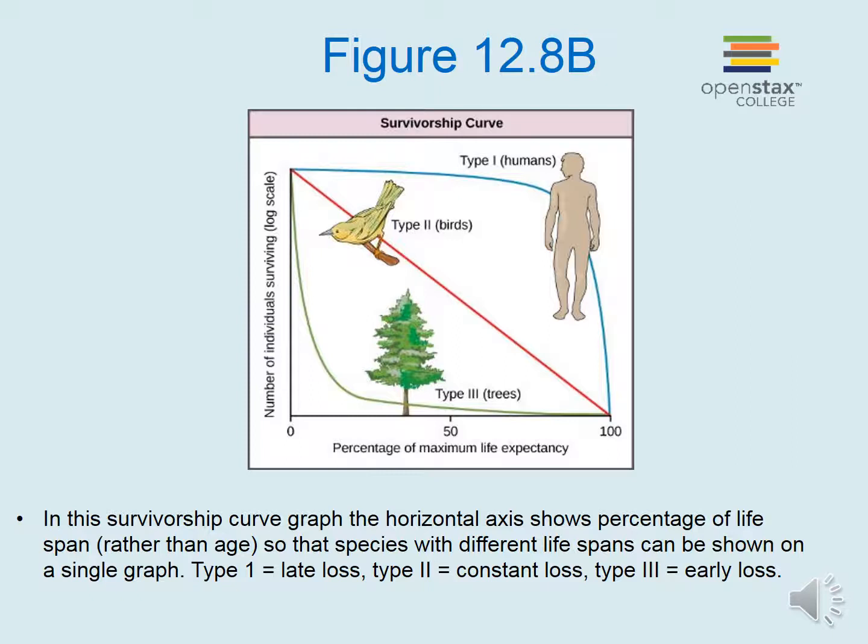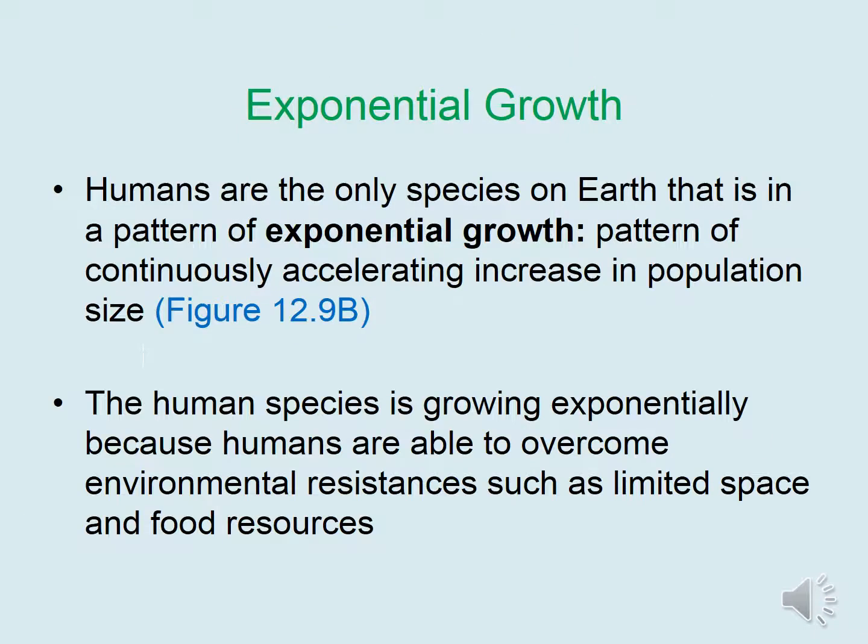The example is birds, in which the death rate is relatively constant, regardless of the age. Type 3 is early loss. In this example, we look at trees, because many seeds that are spread from trees do not sprout properly. Therefore, they never grow into plants or trees to begin with.